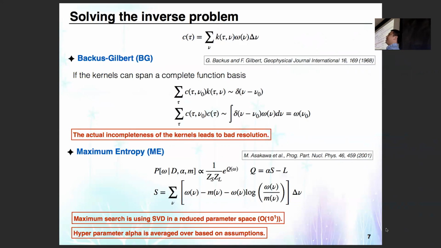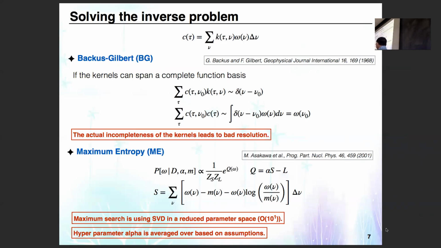On the numerical side, this method has two disadvantages. One is that the parameters of this problem are the omega at different nu, and as I said, the number of nu is on the order of several thousand.